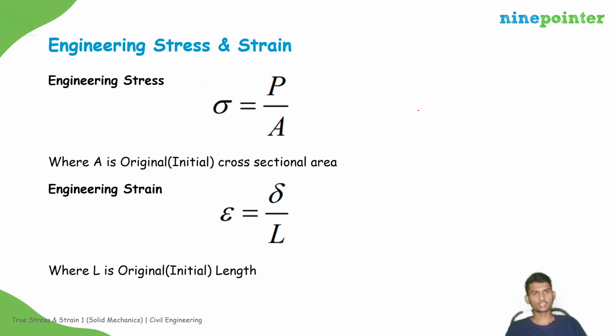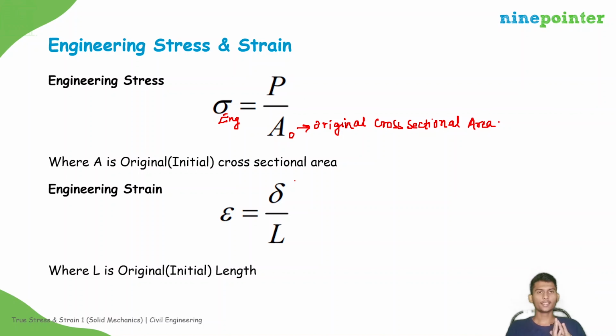So let us first discuss engineering stress and engineering strain, which we already completed. Engineering stress, sigma engineering, is given by P by A naught. A naught is the original cross-sectional area, meaning whatever initial cross-sectional area is there, we take in this formula.